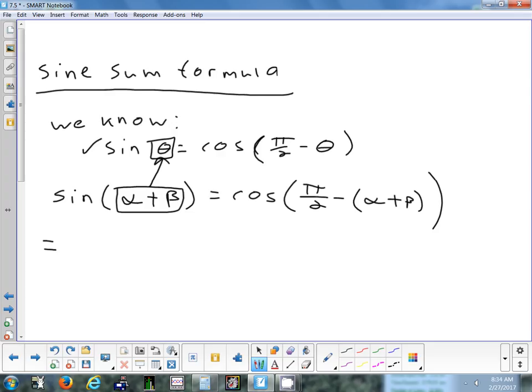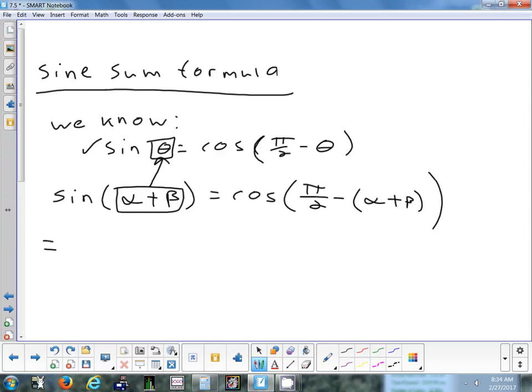Okay. Now, what would I do with that minus sign? Well, think about it, you've got something on the outside of parentheses.